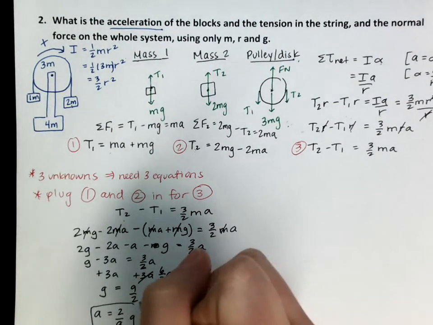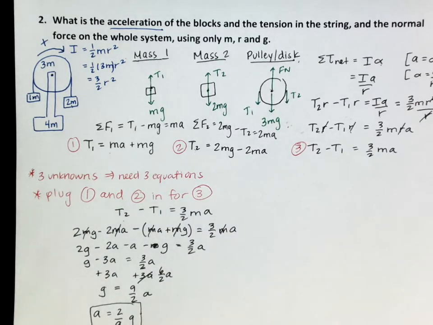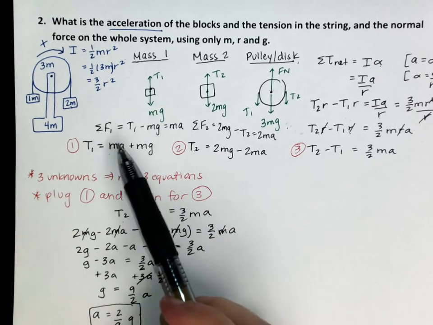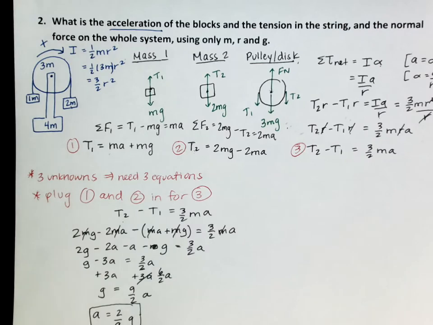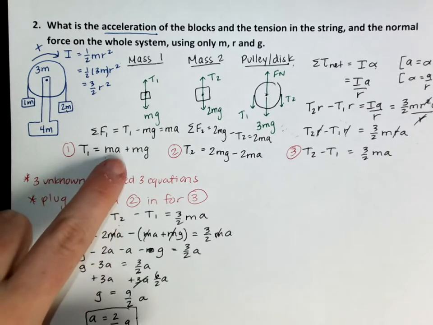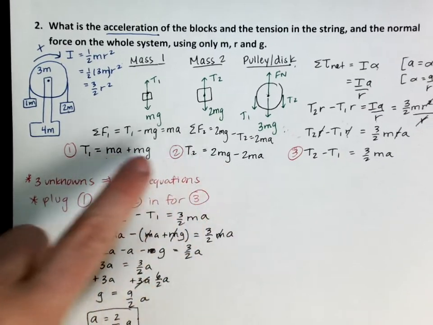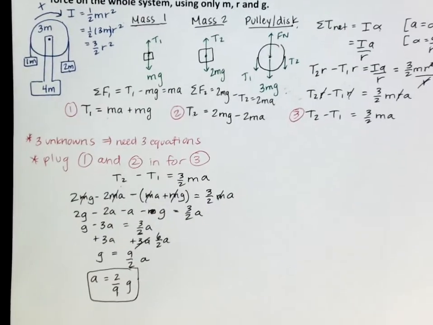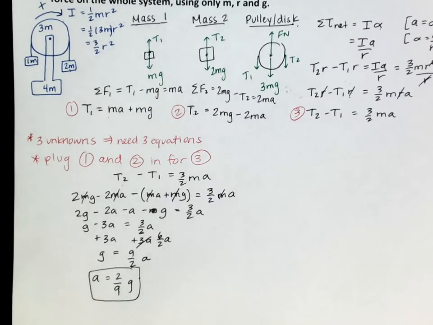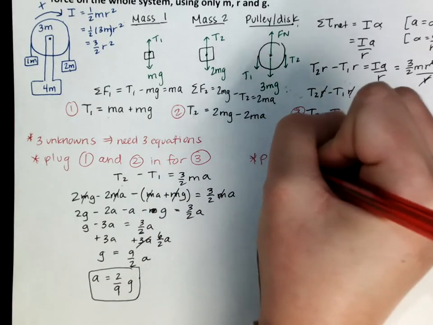So now we want to find T1 and T2. So in order to find T1 and T2 in terms of just acceleration, gravity, mass, and radius, we would plug in A, and for both A's in T1 and T2 for our first two equations.